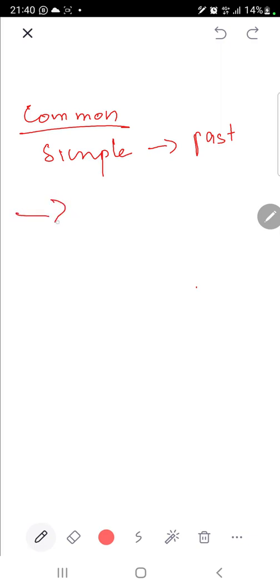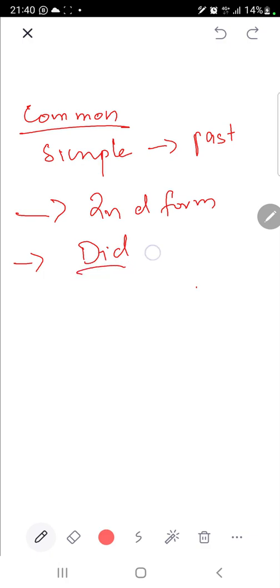The rule is to use the second form, and if you use the helping verb like did, you use the first form with that. Anyhow, this is a simple rule. So most of the time, your whole letter, apart from the introduction and the conclusion, can be written in the simple past.